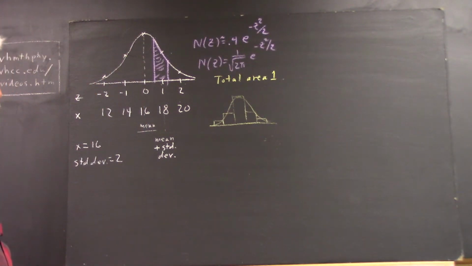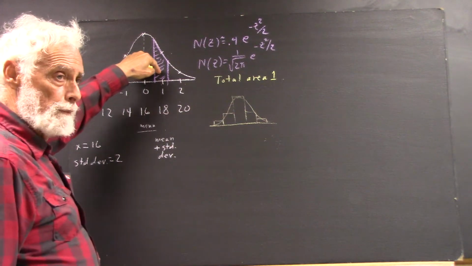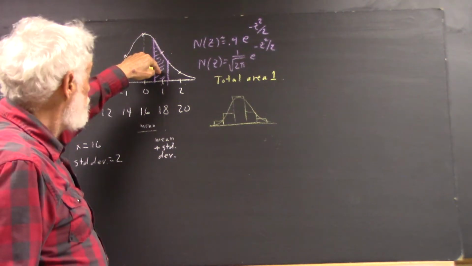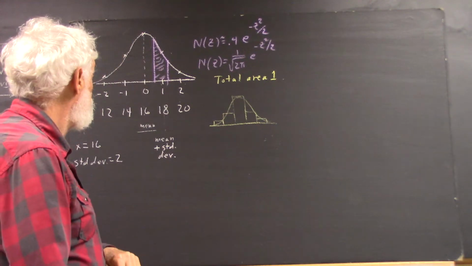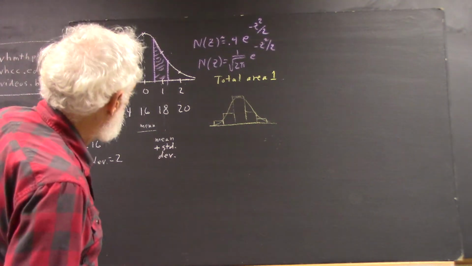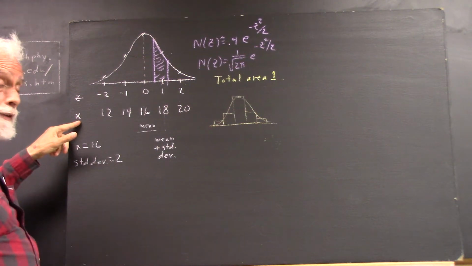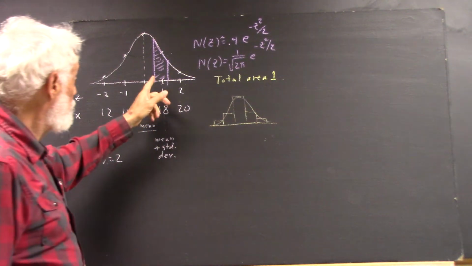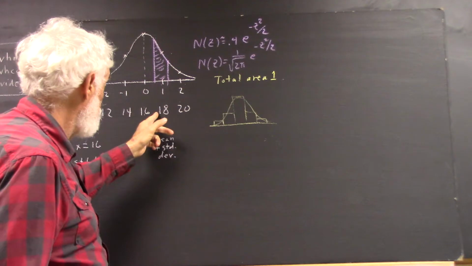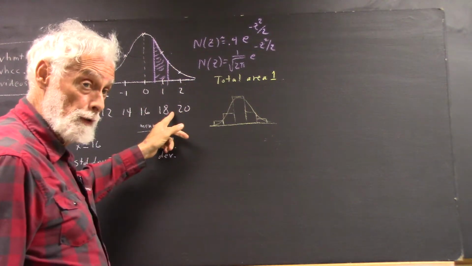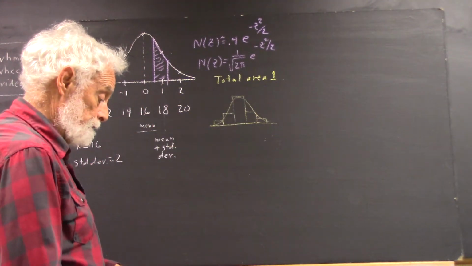Okay. Now, the important part of the interpretation is the area here corresponds to the probability that a given value of x will lie between here and here, wherever here is on the x scale and wherever here is on the x scale.